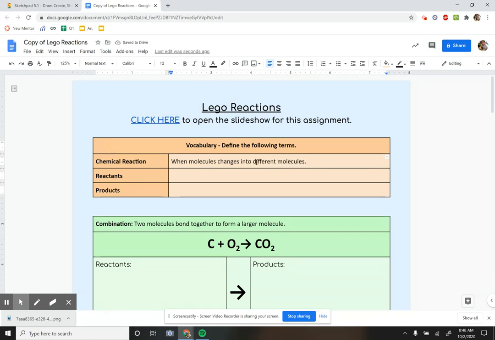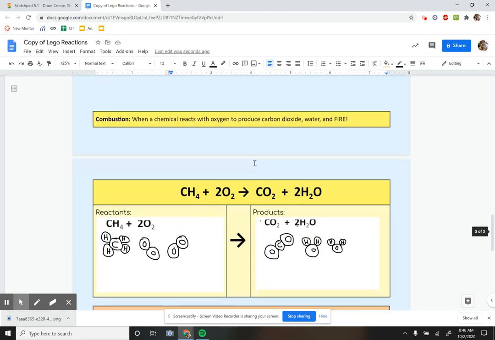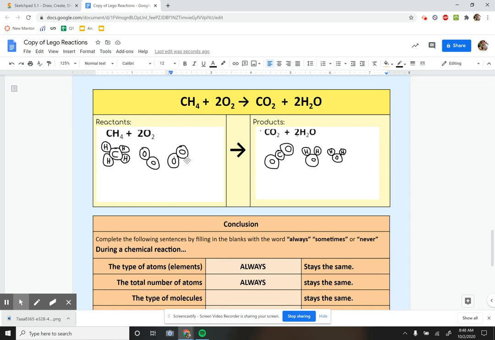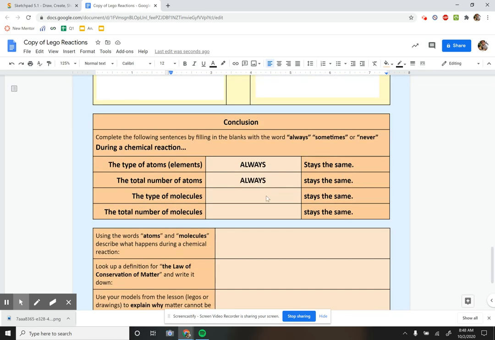Like here, we started with these two kinds of molecules, but when those rearranged, we had new kinds of molecules. The types of molecules never stays the same, because that's what a chemical reaction is. The type of molecules is changing, so it never stays the same, or else it wouldn't be a chemical reaction.